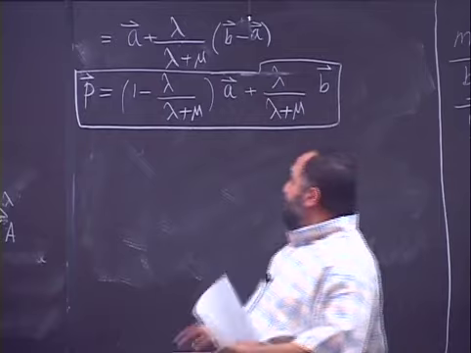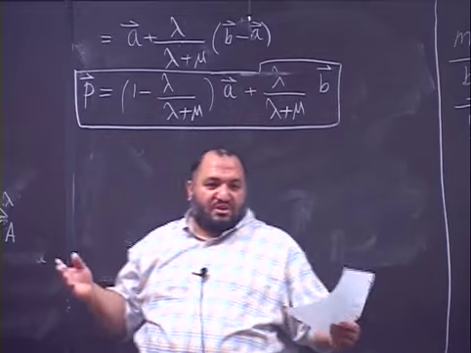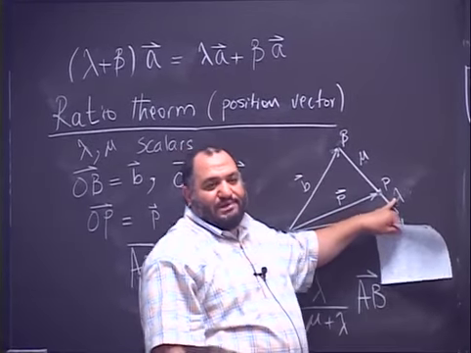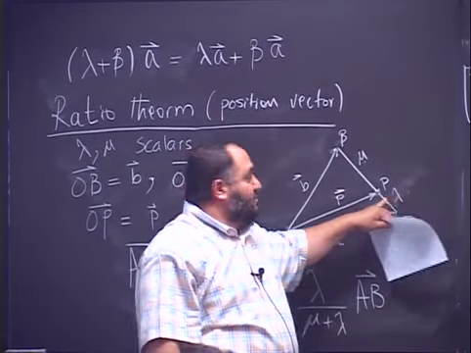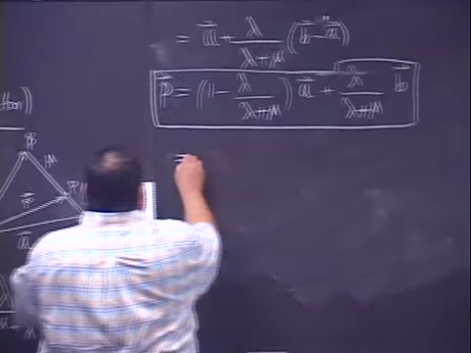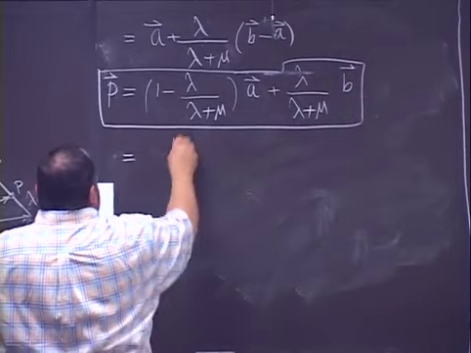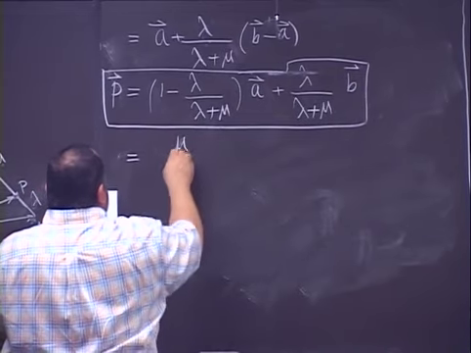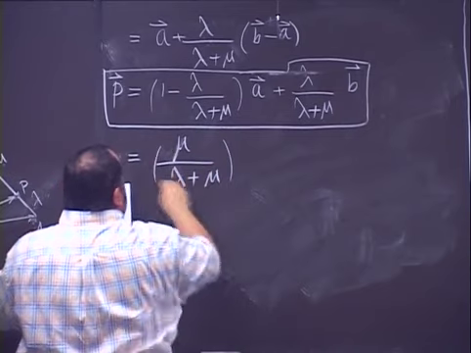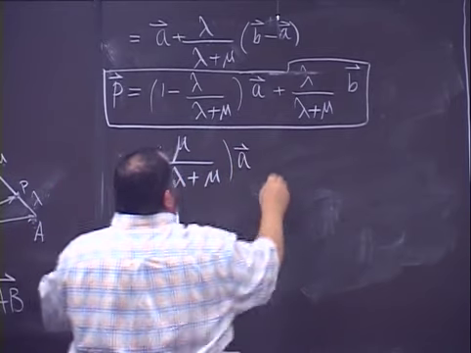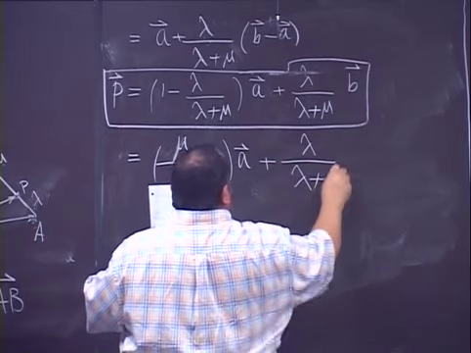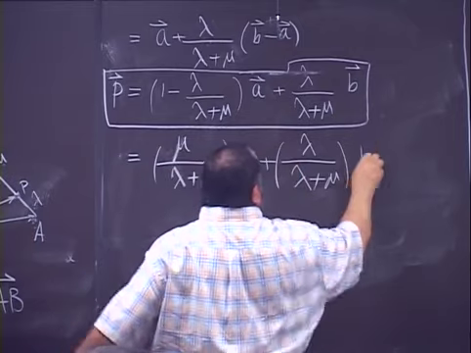So again, if we replace lambda, and instead of this we put here mu, and this is lambda, it does not make any difference. So now let's say we make it mu instead, so it will be mu over lambda plus mu all multiplied by A plus lambda divided by lambda plus mu all multiplied by B.